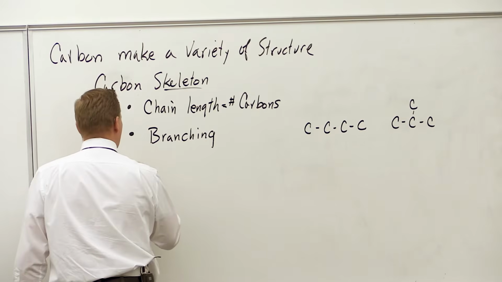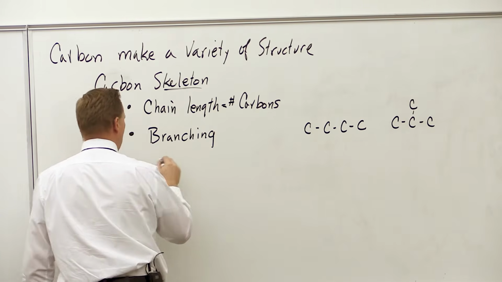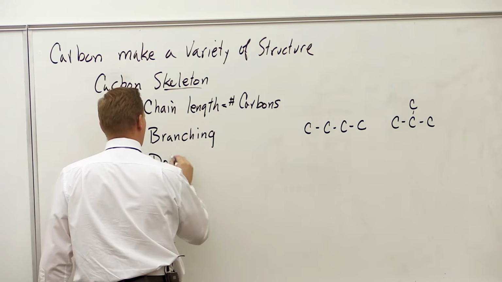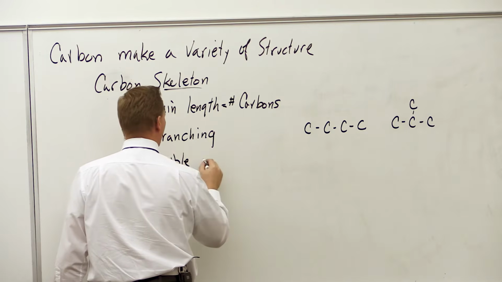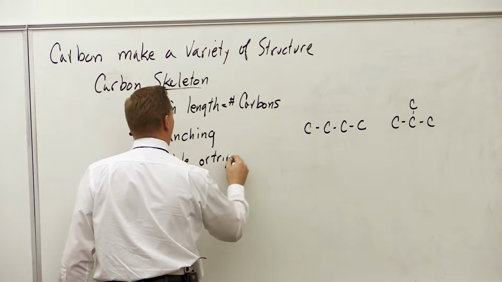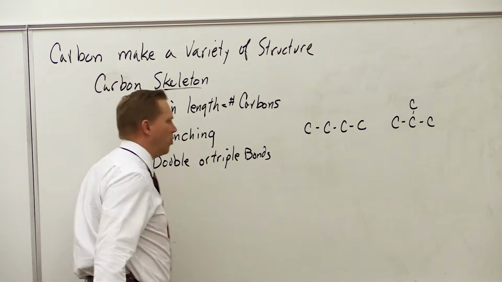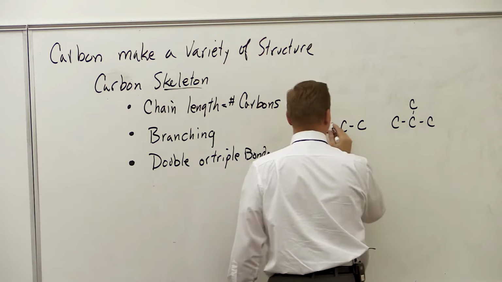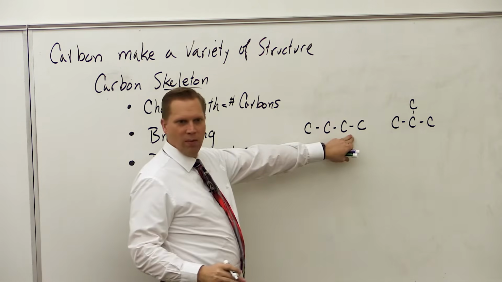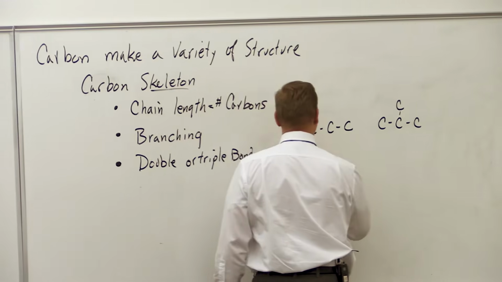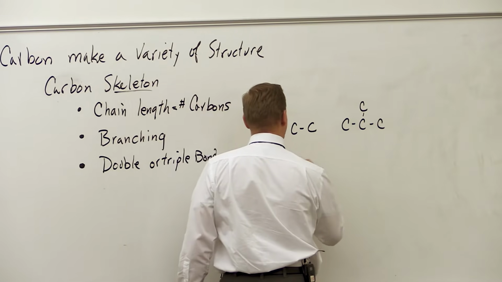Another way that we can start to vary is by the formation of double or triple bonds. So we can have multiple bonds. Again, we can take this same 4-carbon chain, and we could rewrite this.